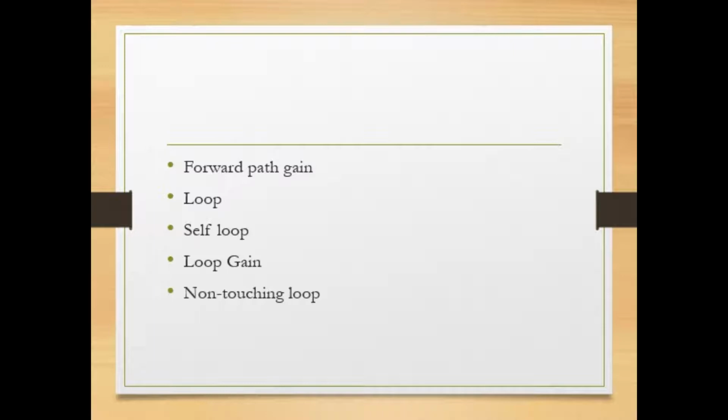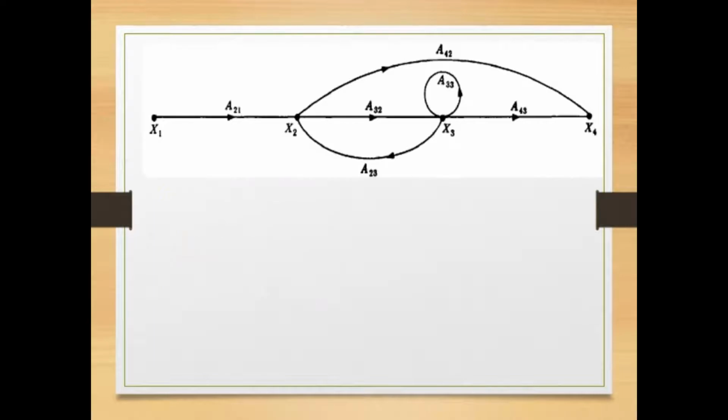Now let us consider an example to understand these terminologies. Coming to the first example, we have a signal flow graph which is given. You can see the variables x1, x2, x3, x4 and branch gains indicated by A21, A23, A32, A42, A33, A43. Considering this signal flow graph, we will see the terminologies.